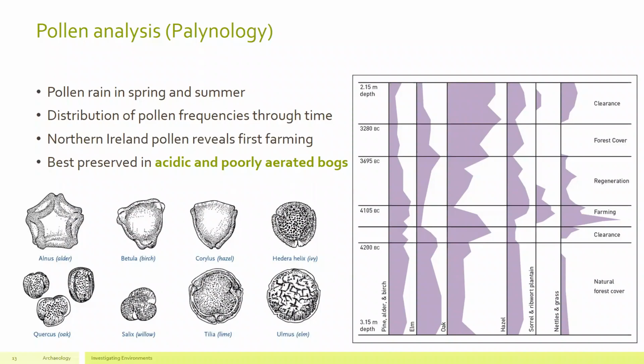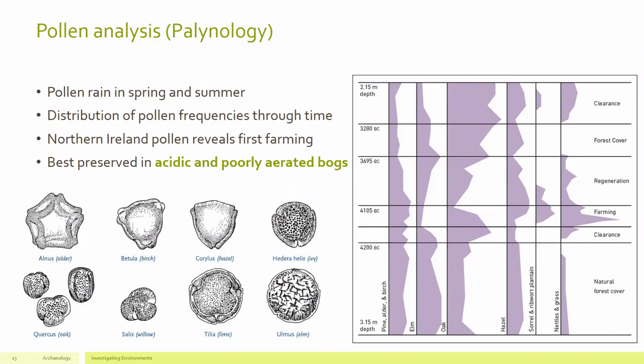And this especially is from Northern Ireland, where it reveals forest clearing, the first appearance of farming, the dissipation of farming and the resurgence of forest cover, and then another cycle of clearing of the forest and the planting of grass crops.